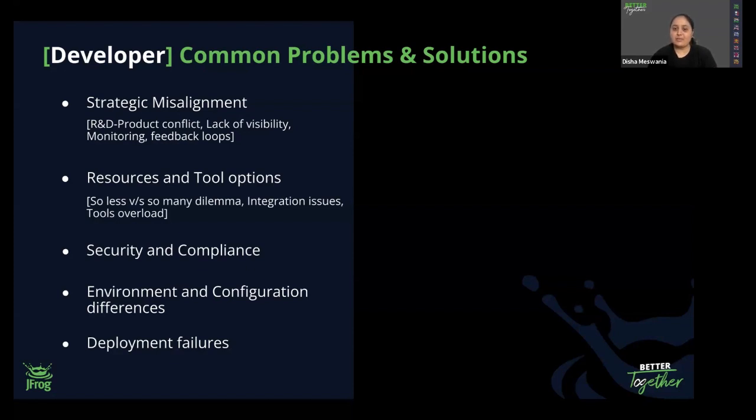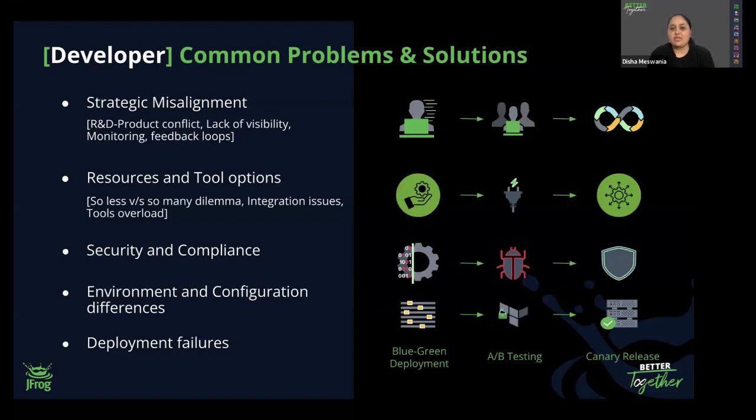And over here, I'm going to talk about just a few solutions to it, which I think are some of the most common solutions that we have applied in our day-to-day lives. So say, for example, when it comes to strategic misalignment, we all had such problems, and the common solution to it is don't work siloed, let's work as a team.